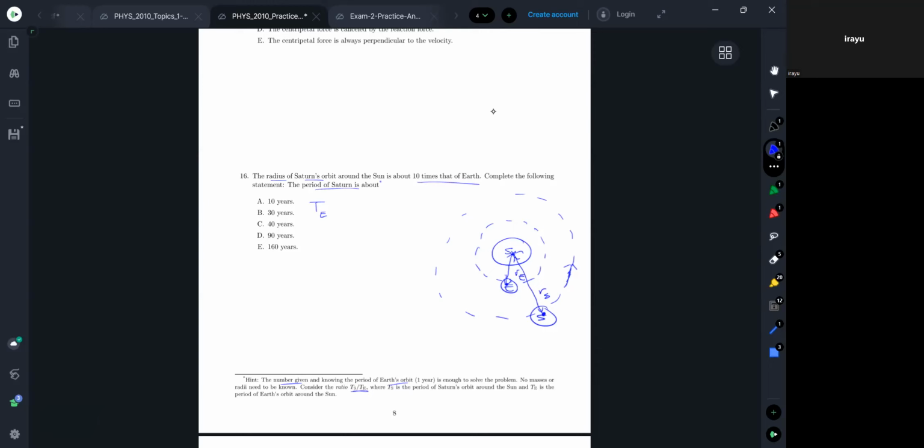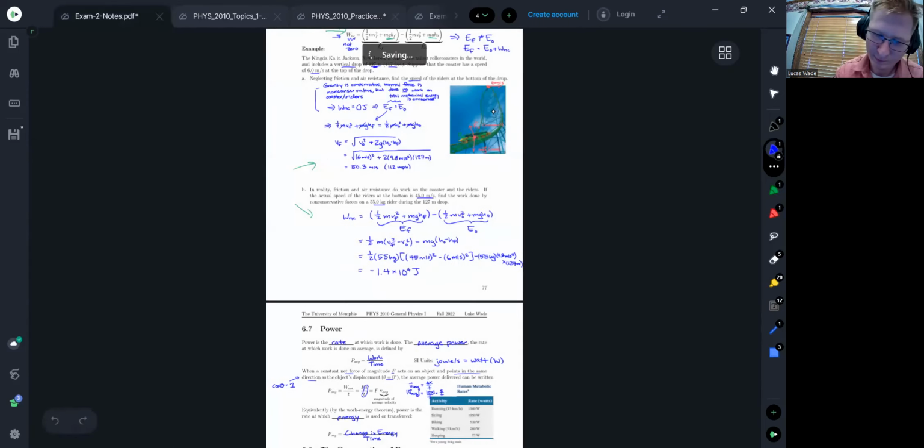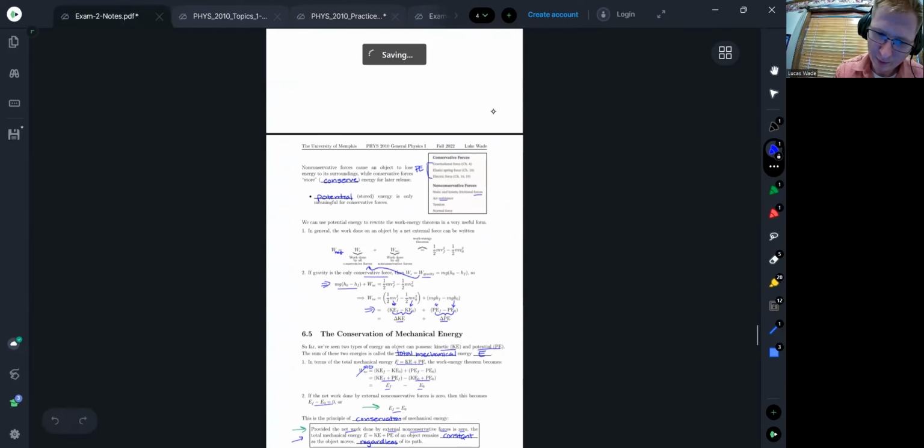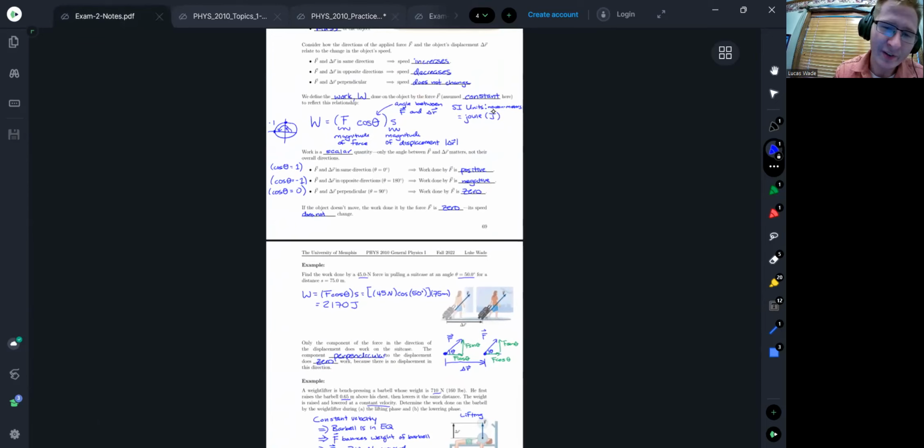We have a specific formula that tells us the period of a satellite's orbit around another object. So if I go back to which chapter would this be? What would be the relevant chapter or topic?